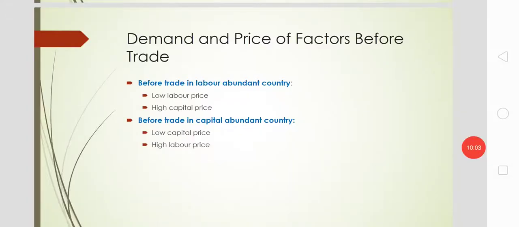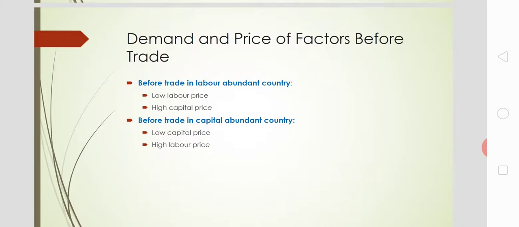Let's look at the price of factors before international trade, before specialization. Before trade, in a labor abundant country, first let's look at the price of labor. In the labor abundant country, the price of labor will be cheaper. That means the price of labor is lower and the price of capital is higher in a labor abundant country like India, which is a labor surplus country or capital short country.